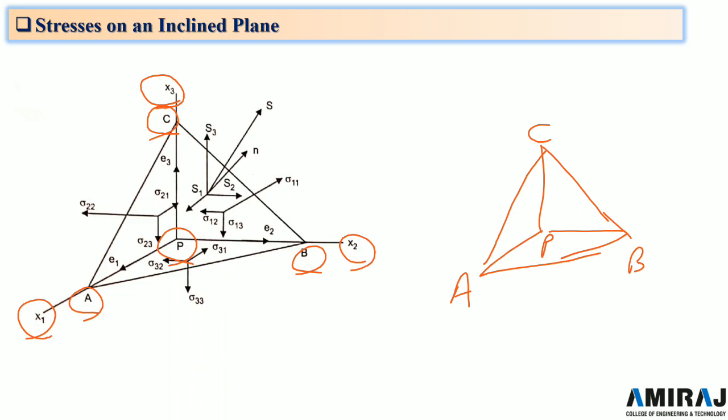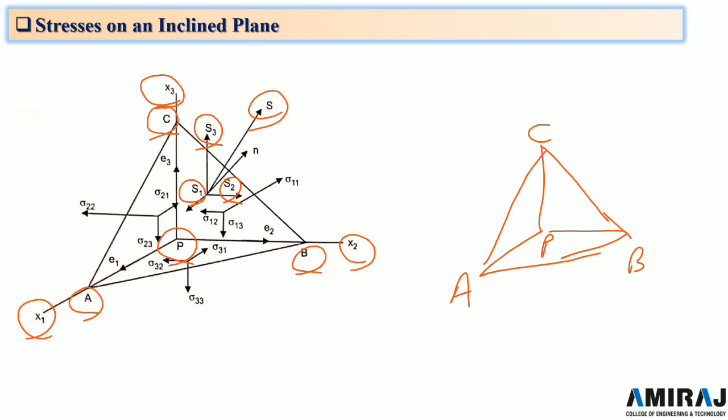We have to find the stress vector capital S acting on the inclined plane ABC. Let capital S1, S2, S3 be the magnitudes of the three components of vector S in the direction of the coordinate axes.